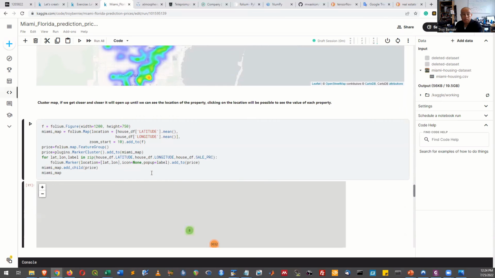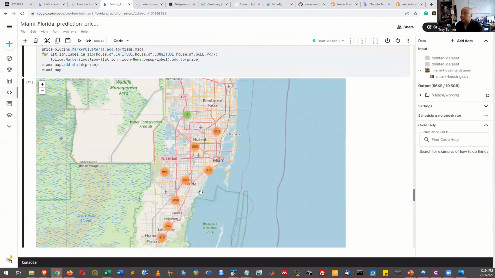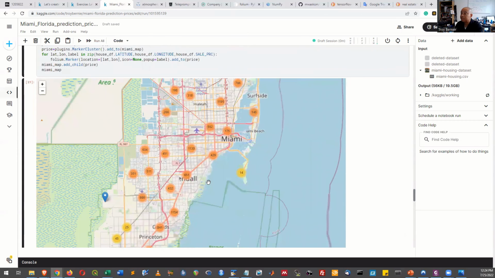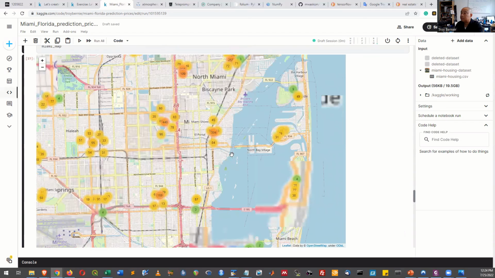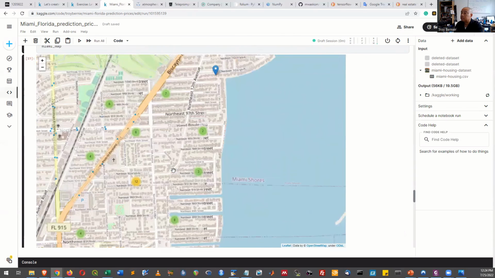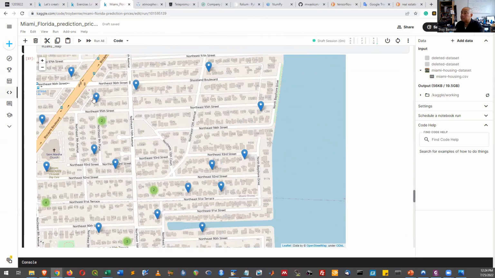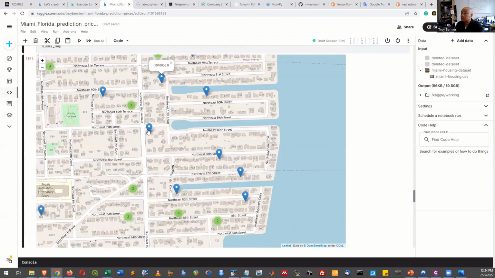Here you go. There's a nice map here. So you can look at the individual sales. See? That's 920,000, folks.